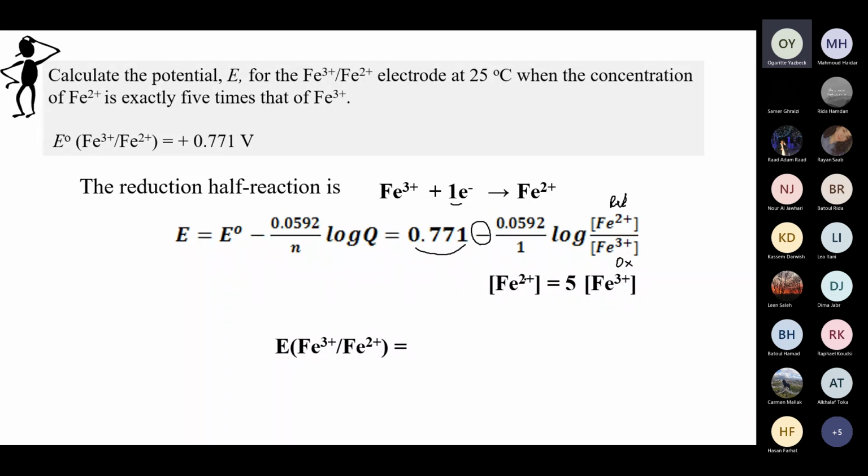So if I substitute 5 Fe3+ in place of Fe2+, then I don't need an exact original concentration for any of these ions. They will be eliminated, and now it's a matter of calculator. Are we clear? And you just get a new E, whatever it is.